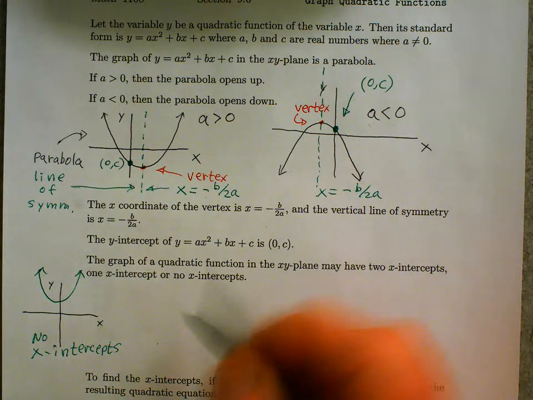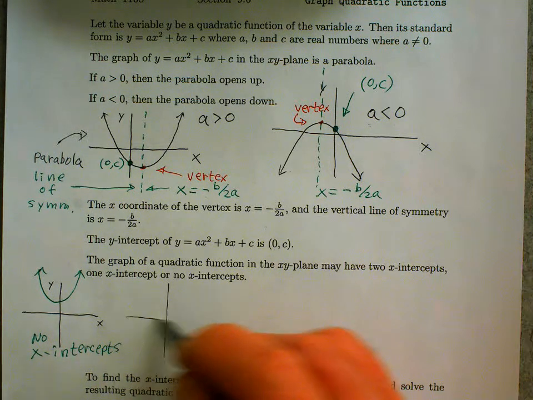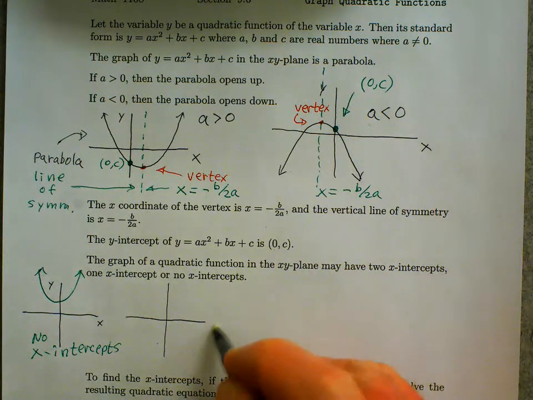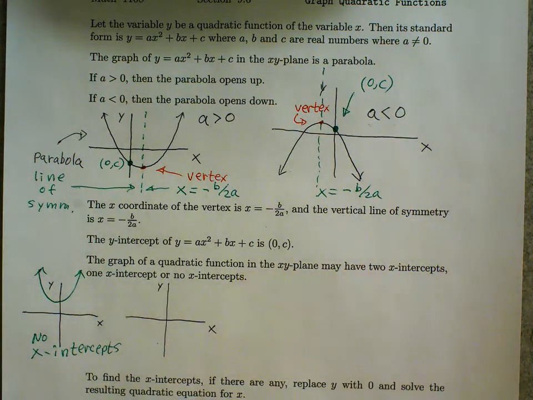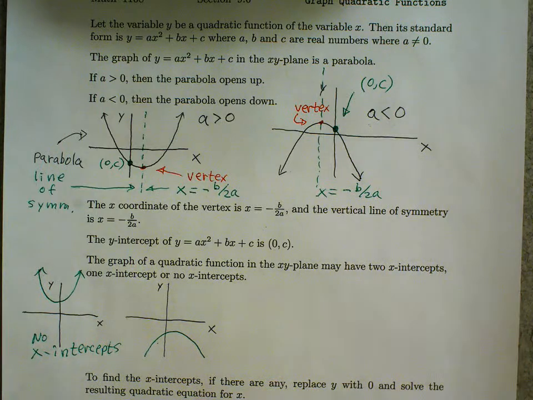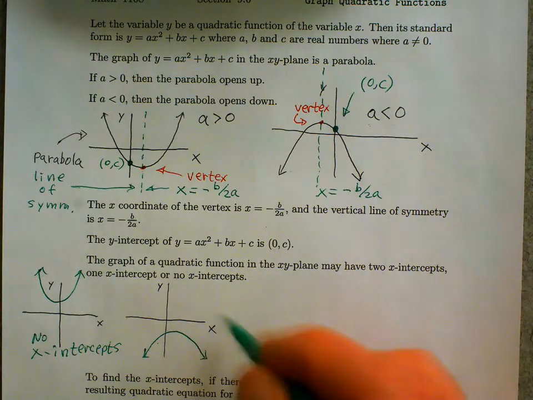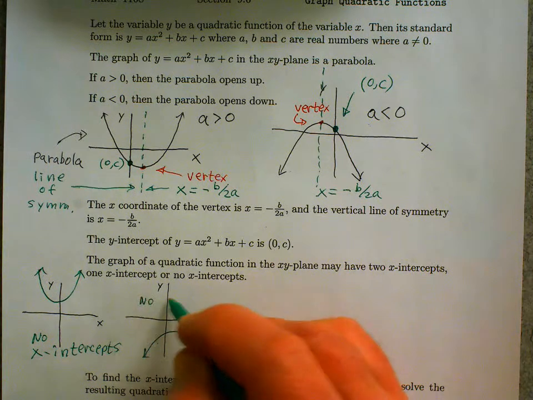Another way that you could have no x-intercepts is if the parabola opens down and is entirely below the x-axis. So this also has no x-intercepts.